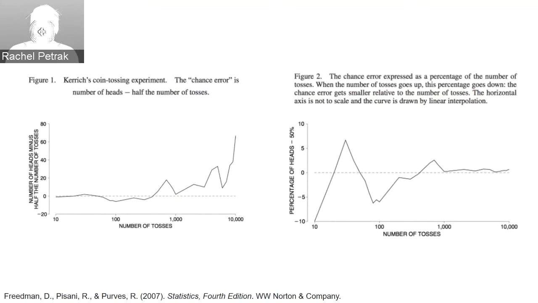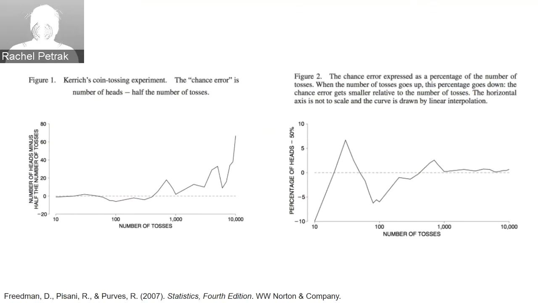And in his experiment, he tosses the coin 10,000 times while he's imprisoned, or detained. And you can see that on the x-axis, there are 10,000 tosses here. He really did toss the coin 10,000 times. And then on the y-axis, we have the number of heads minus half the number of tosses.